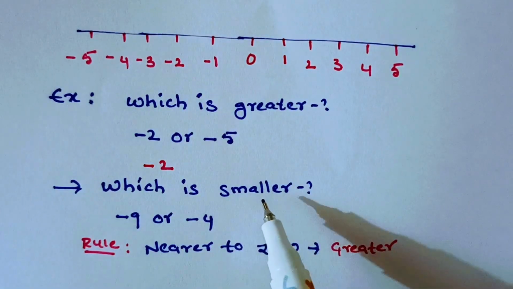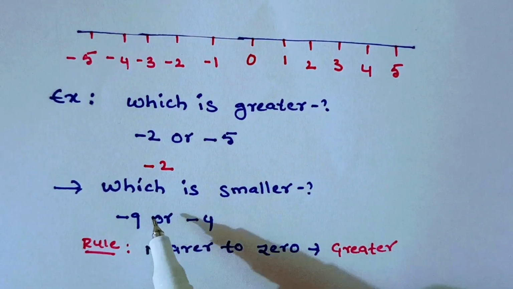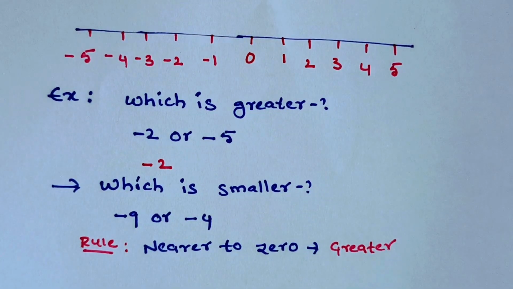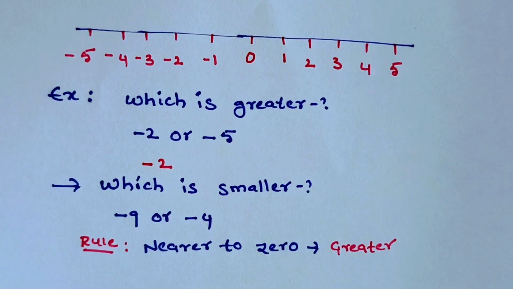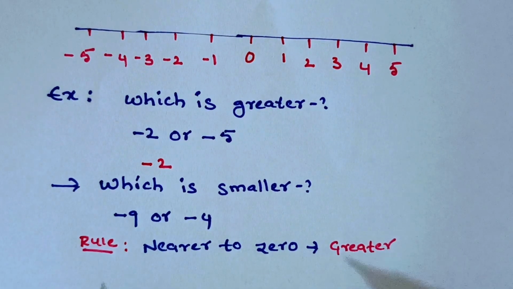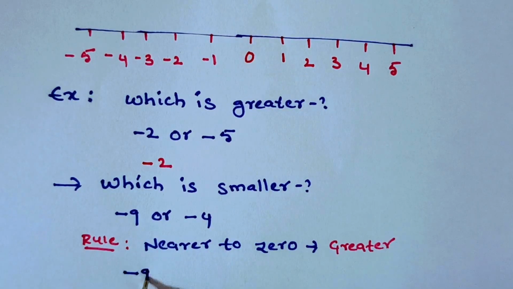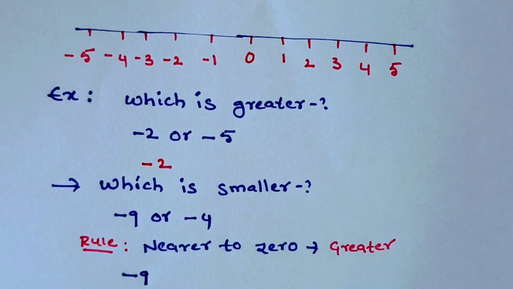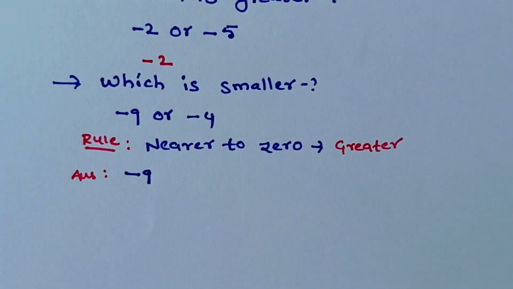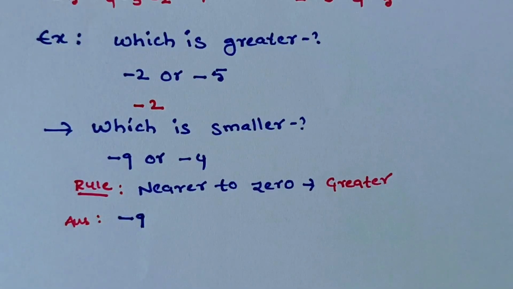So, -4 is greater, -9 is smaller. Further from 0 on the negative side is smaller. So here -9 is the answer. These are the basic rules on negative numbers.